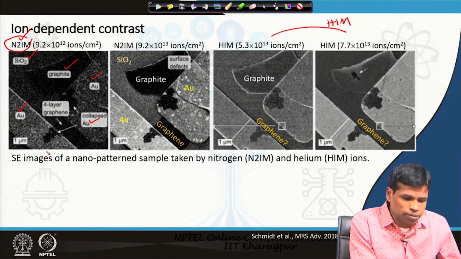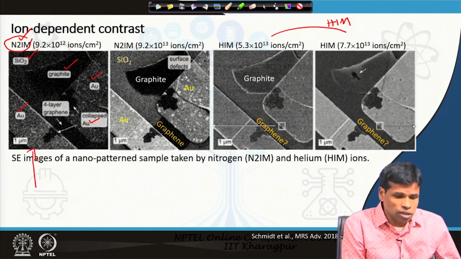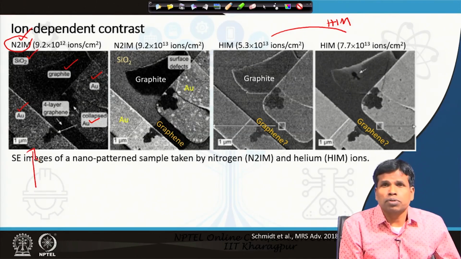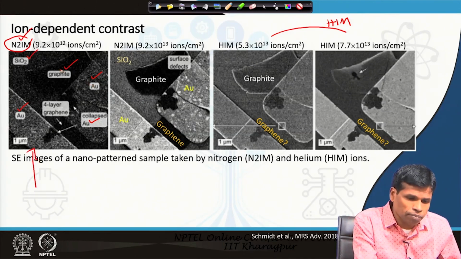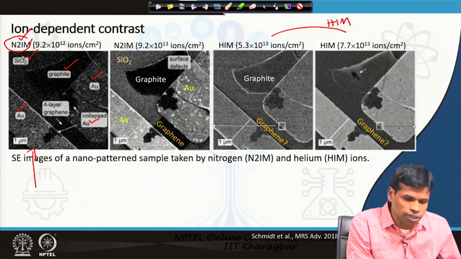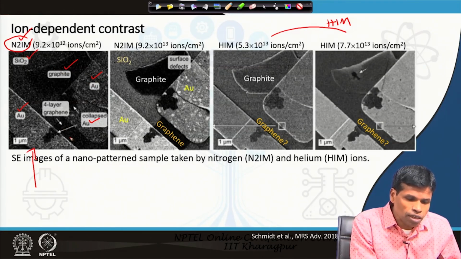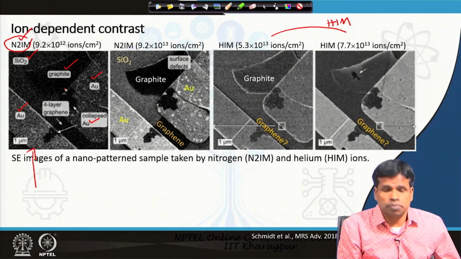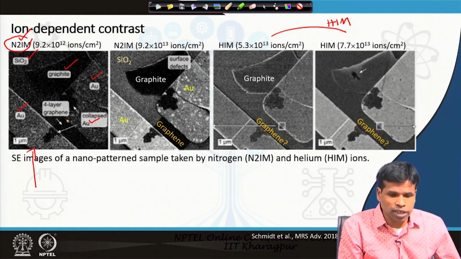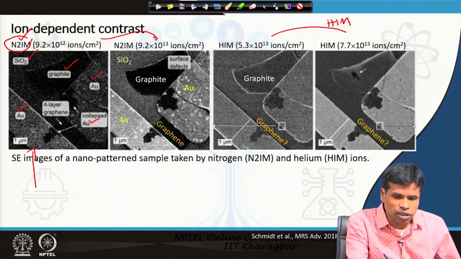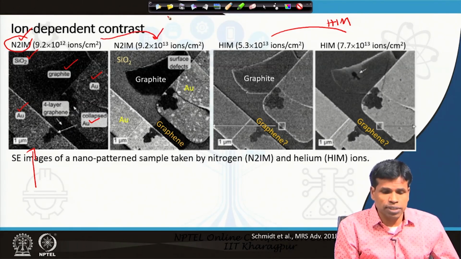We could see in the leftmost image there is a contrast difference between the different types of sample: gold, graphite, SiO2 and 4 layer graphene. For example, graphene and graphite appear darker, and it is more clear when the dose has been increased.